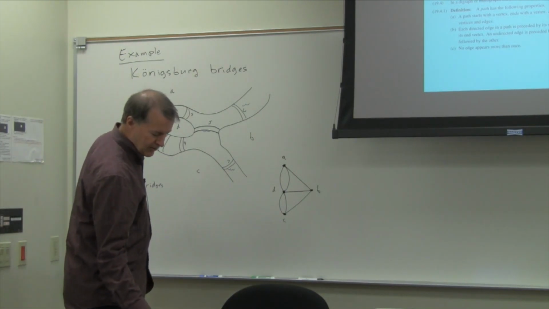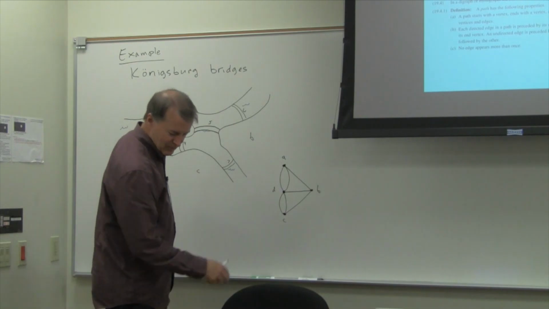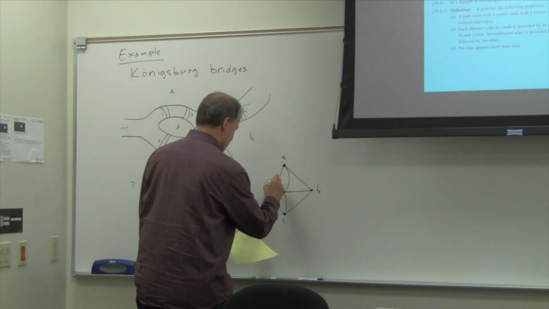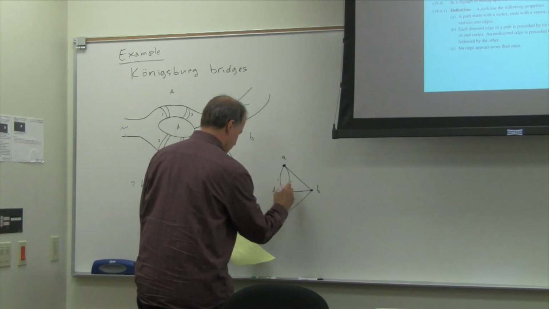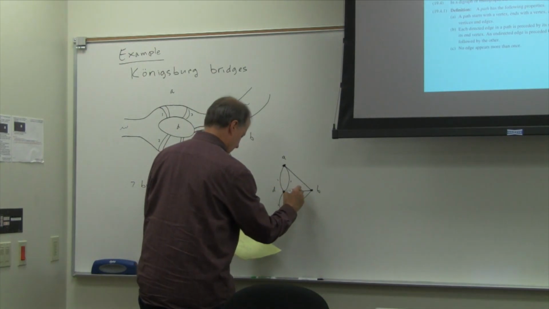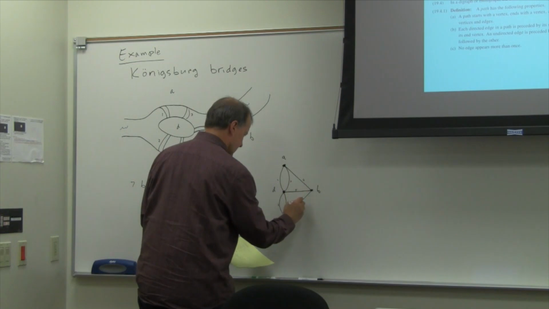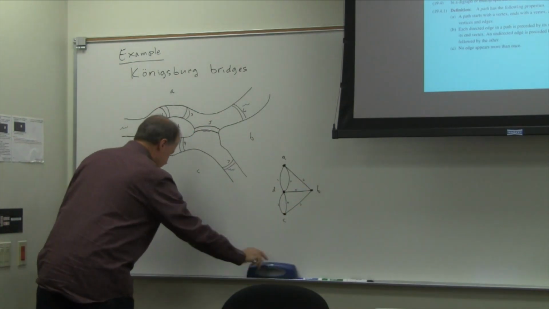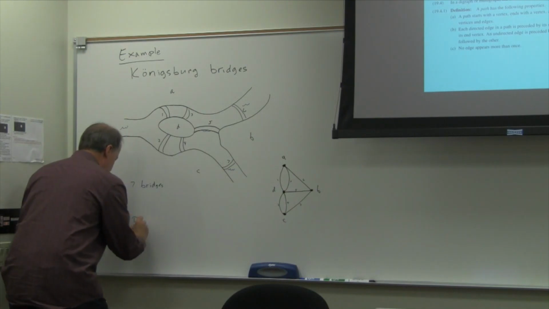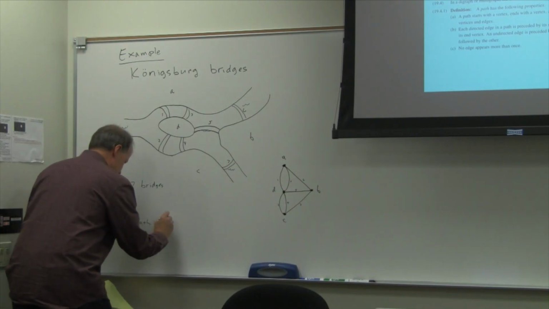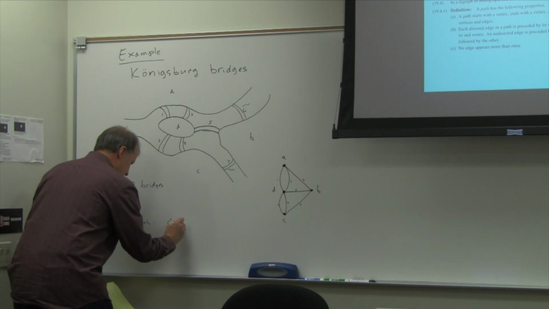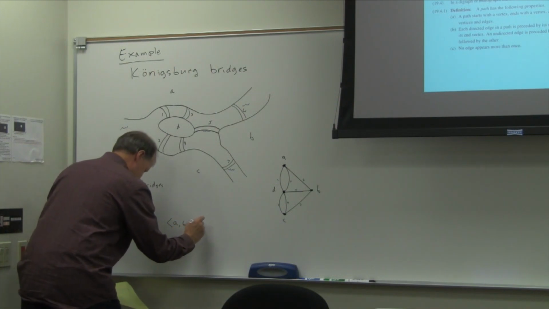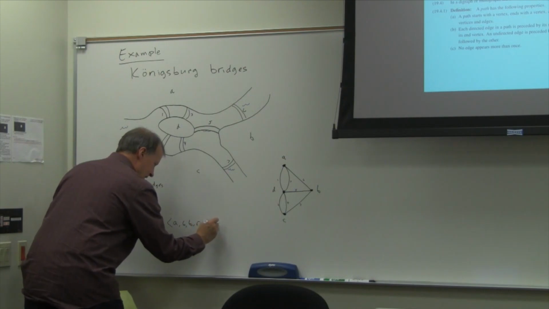So Euler modeled it like this, and here we have edges 1, 2, 3, 4, 5, 6, and 7. And what would an example of a path be in this? It could be like A6, B5, D1, A, something like that.